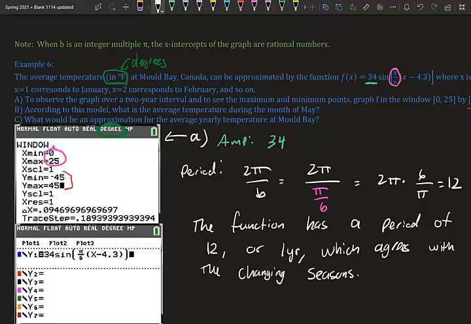The seasons repeat every year. It's not like every 3/4 of a year we get a season. No, every year the seasons repeat.